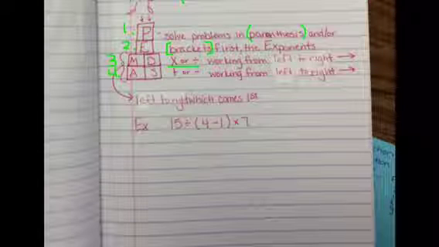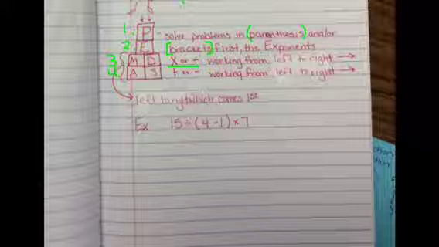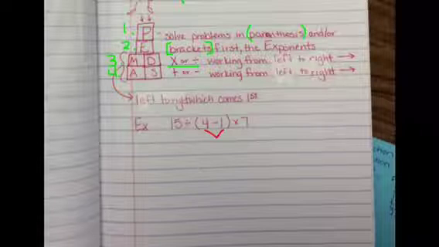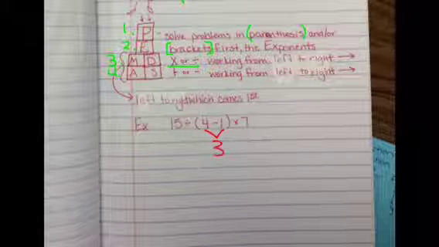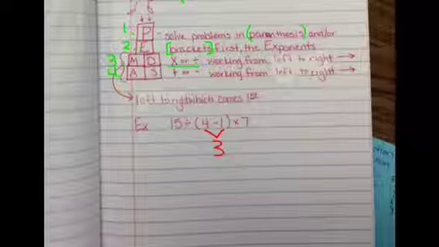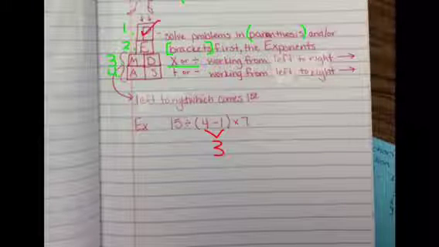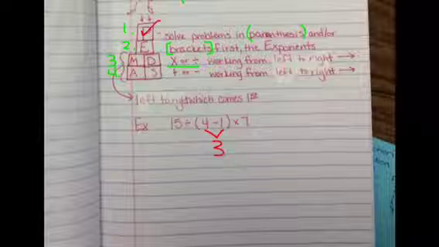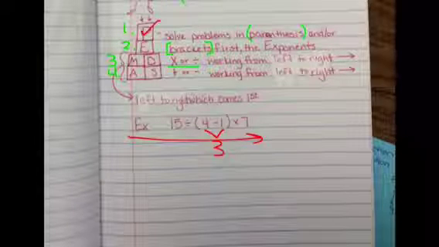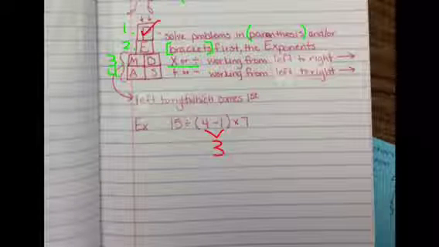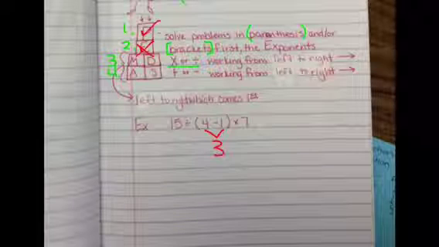So let's work through an example, starting with P, parentheses. 4 minus 1 is 3. So we can check off our P. Next is exponents. We look from left to right, and we don't see any, so we can go to our next step, multiply and divide.